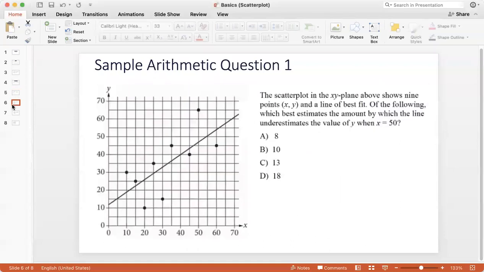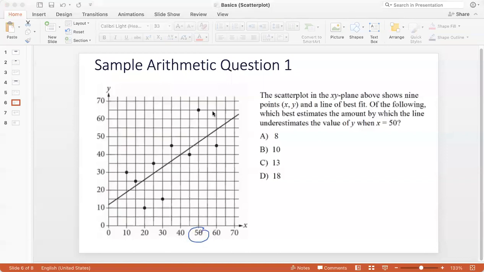Okay, scatterplot questions are also tested on the arithmetic part of the test, which is the problem-solving data analysis part. So let's do a couple of sample arithmetic questions. The scatterplot in the XY plane here shows 9 points and a line of best fit. Of the following, which best estimates the amount by which the line underestimates the value of y when x is 50?